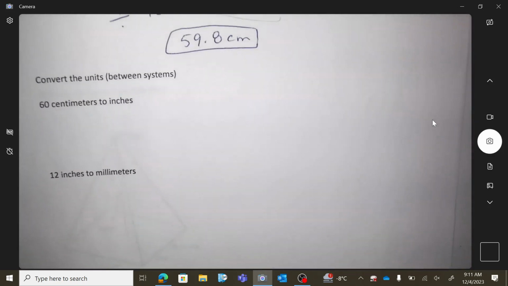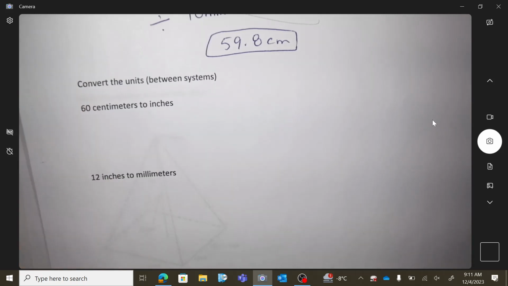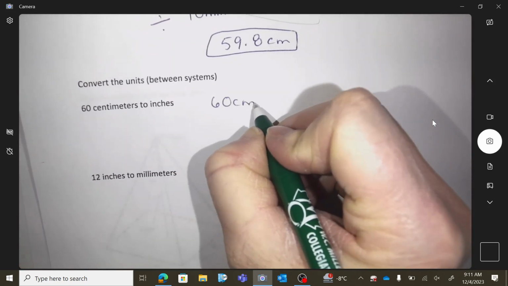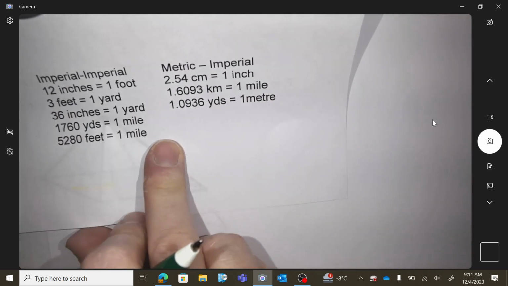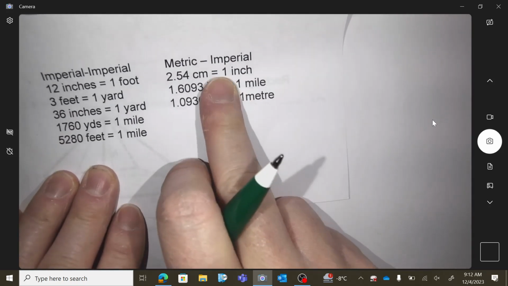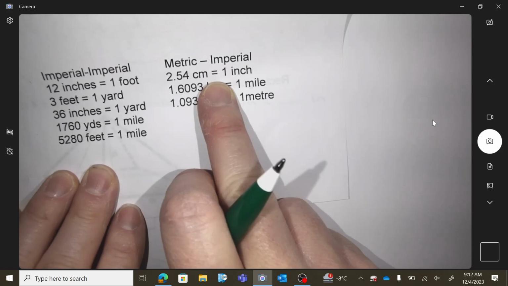Okay, so this next one is going to go between metric and imperial. So if I go from 60 centimeters to inches, so this is in my last part of my chart, metric to imperial. So centimeters to inches is right here.